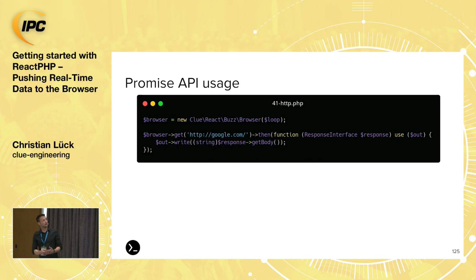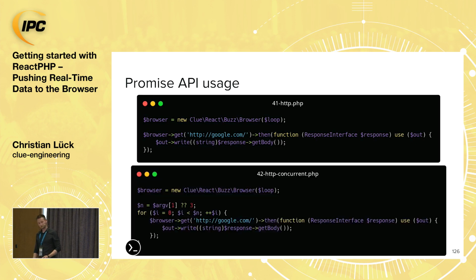But of course, if we can execute this operation once, we can also put this into loops. Just as an example, we can wrap this in a for loop, and in this example, I'm just going to send 3 requests. I think there are many applications where it makes sense to do some things multiple times. Now we can run the same thing again.